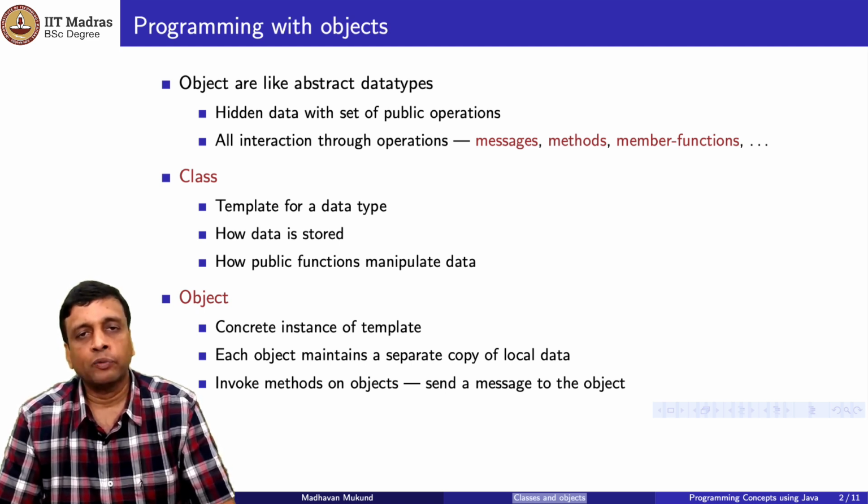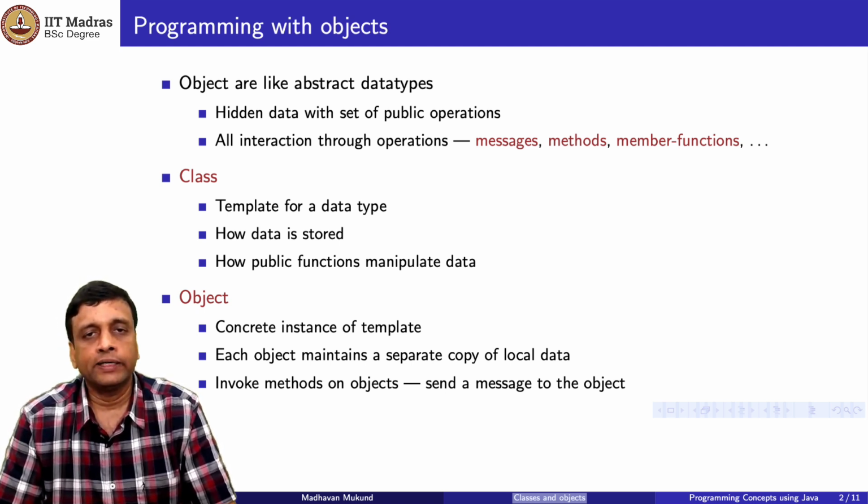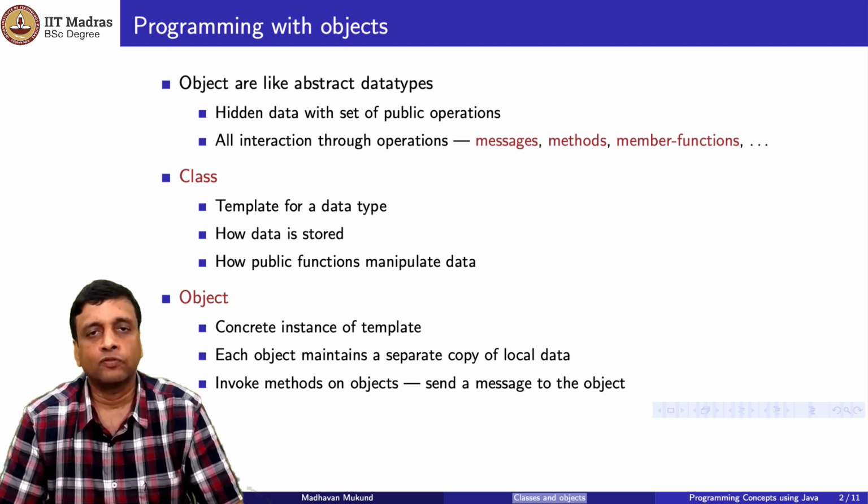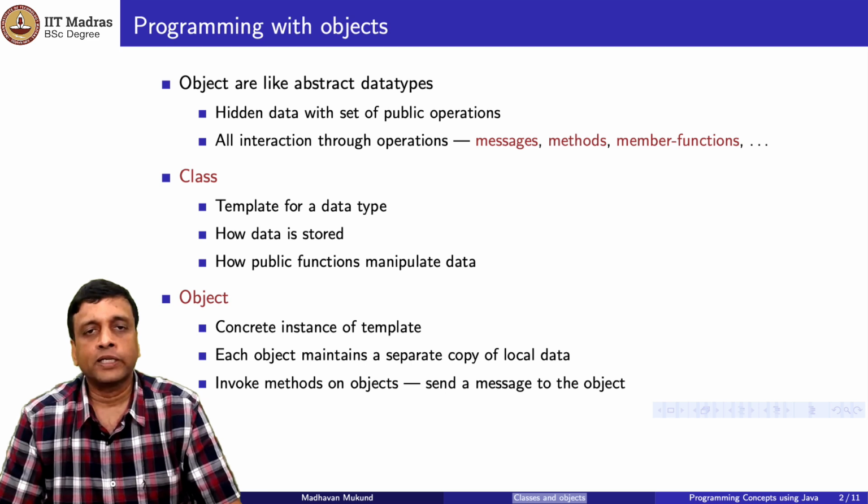Each object will now have its own copy of the data that is described in the class. The class has some generic definition of the variables that are used and how they are initialized and how they are updated by the different functions. Each object will have its own copy of this data, which is private to that object and will not interfere with any other object. We then invoke our function specifically with respect to a given object.